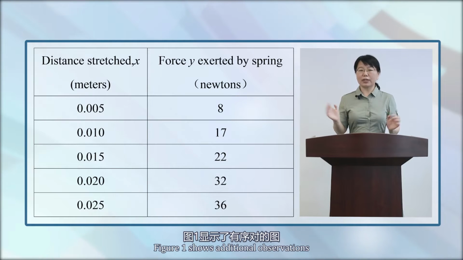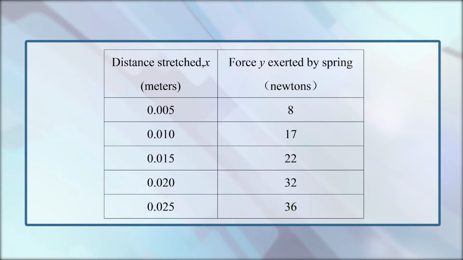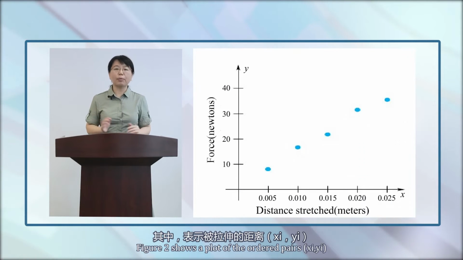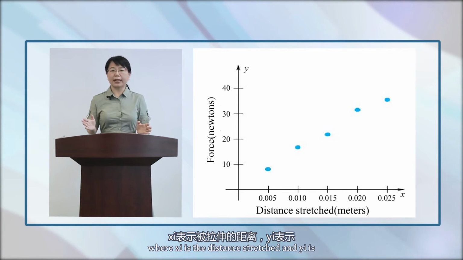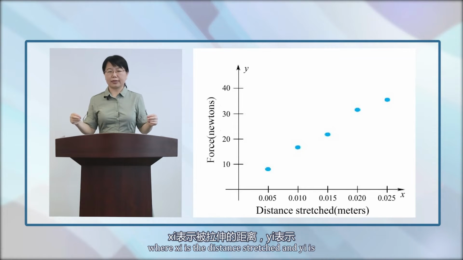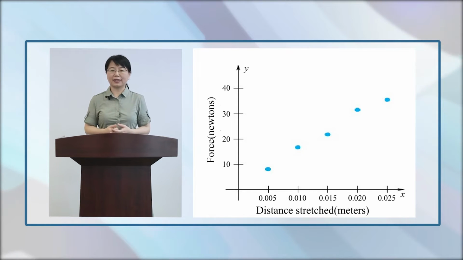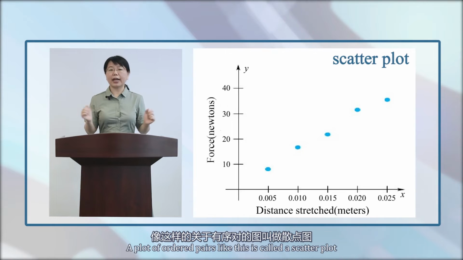This figure shows additional observations. Figure 2 shows a plot of the ordered pairs (xi, yi), where xi is a distance stretched, and yi is a force exerted on the spring. A plot of ordered pairs like this is called a scatter plot.